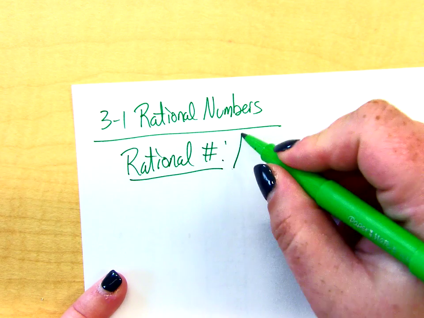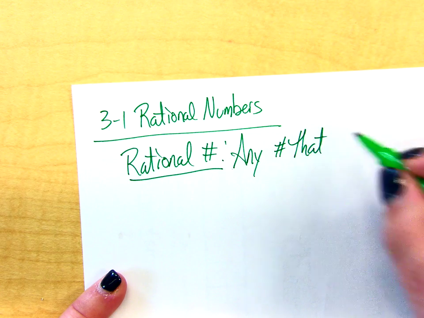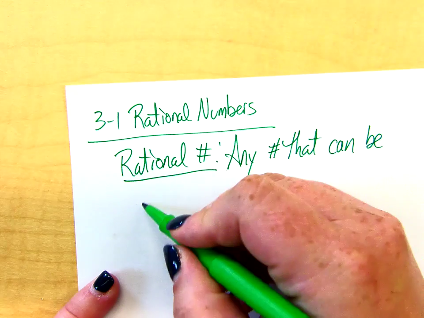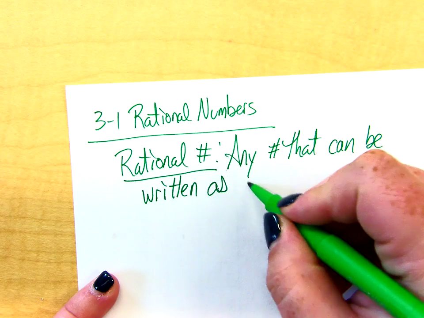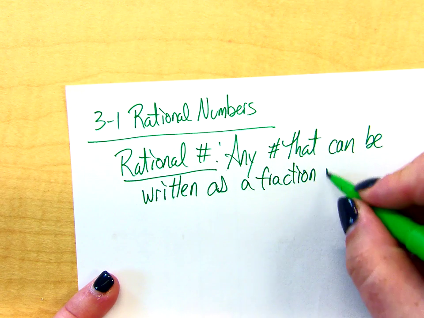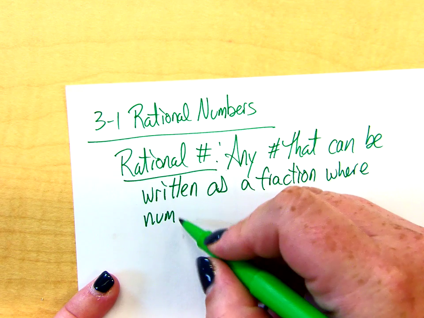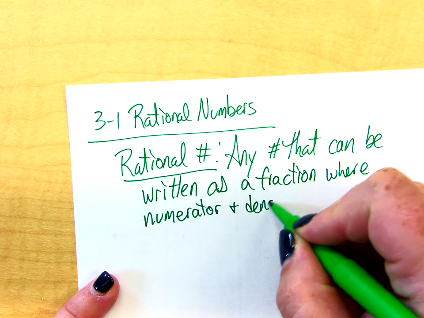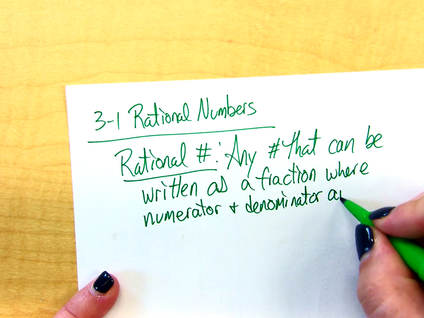A rational number is any number that can be written as a fraction, where the numerator and denominator are integers.